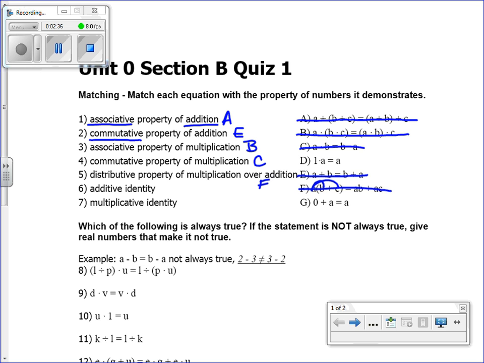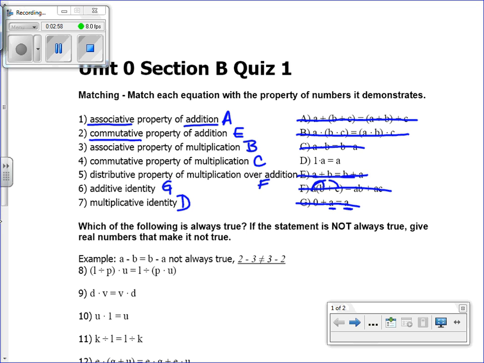Okay, so my A is, well, that wouldn't be right because that's showing multiply, isn't it? So I would say my A is maintaining its identity, so I would have G. And finally, multiplicative identity, D.